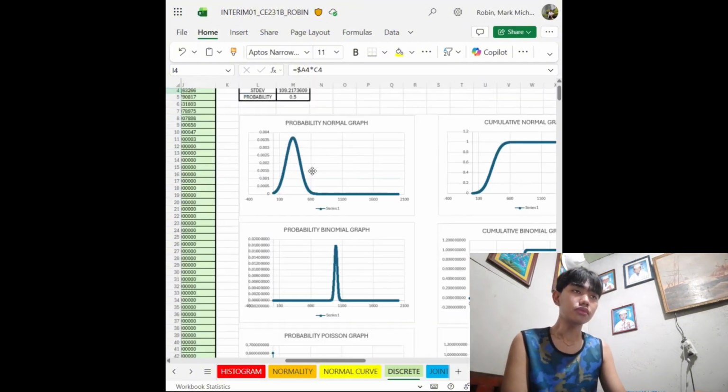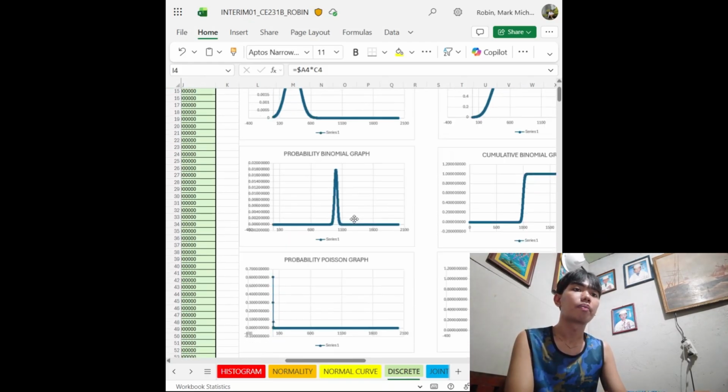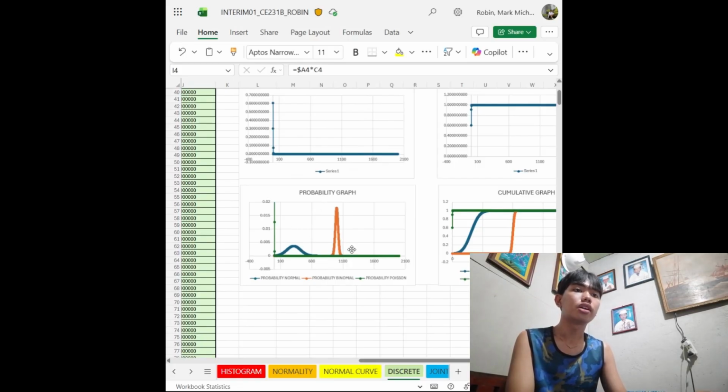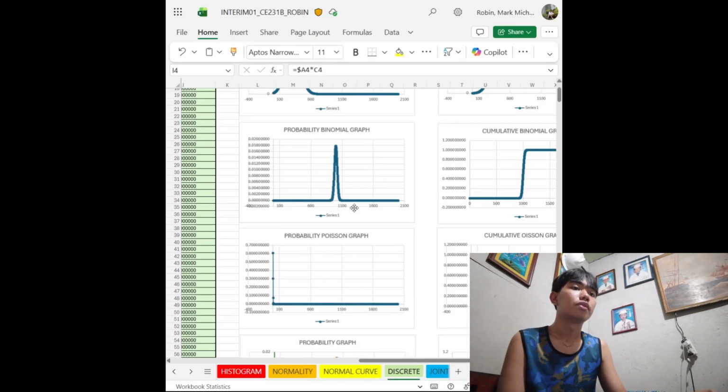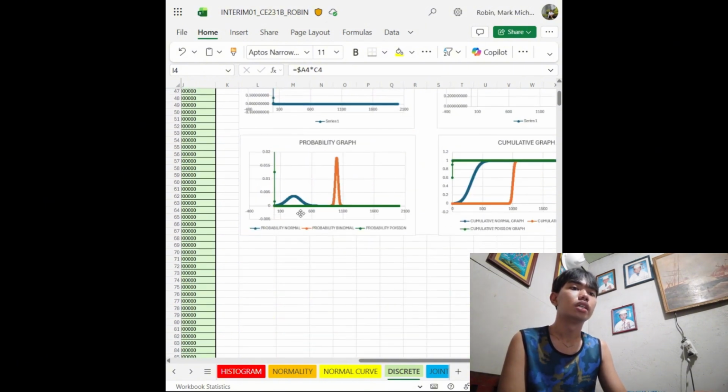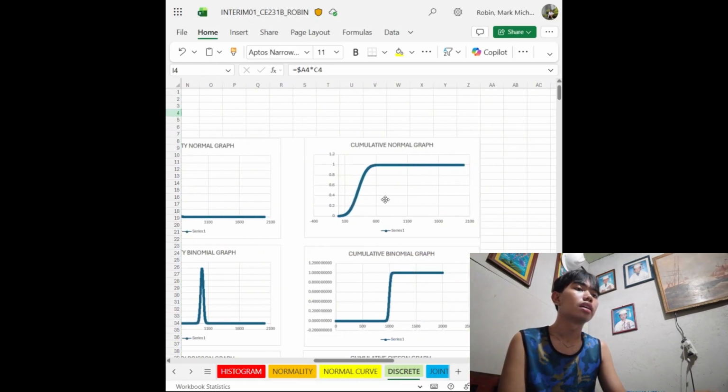So this is the outcome graph. For the probability normal, this is the graph, and then probability binomial and probability Poisson. This is the probability distribution graph. We merge these 3 graphs into one, so this is the result, and it has legends here.